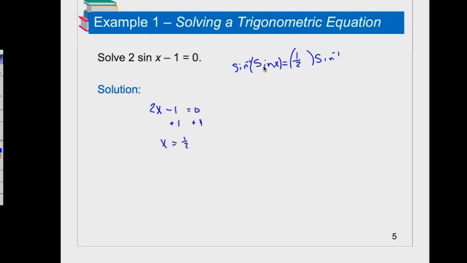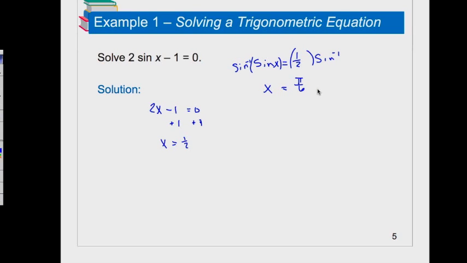I have the composition of functions. One is the inverse of the other, so what's left here is just the variable. And what's left over here is the inverse sine of 1/2, which is the question, what angle gives a sine value of 1/2? And if we return to our trusty unit circle, or hopefully at this point we're getting good at this, and we know it in our mind, that's at pi over 6.